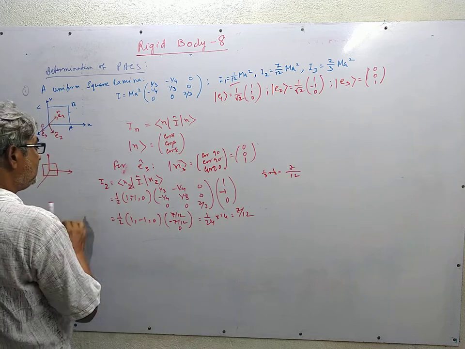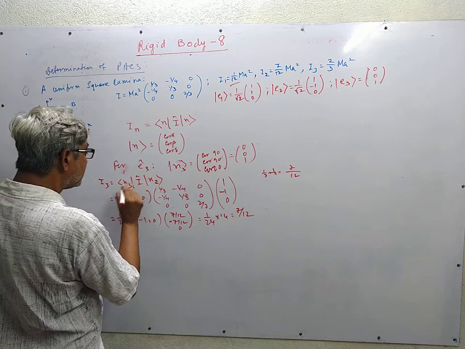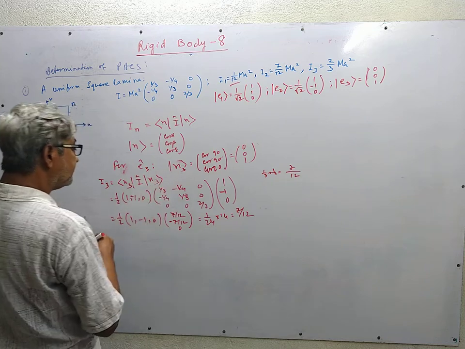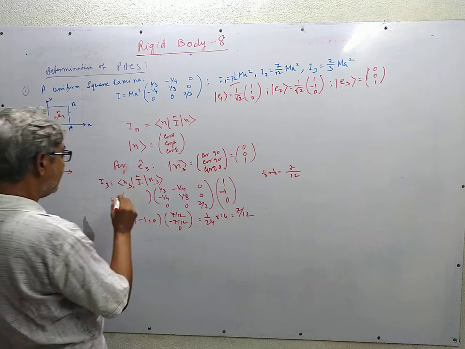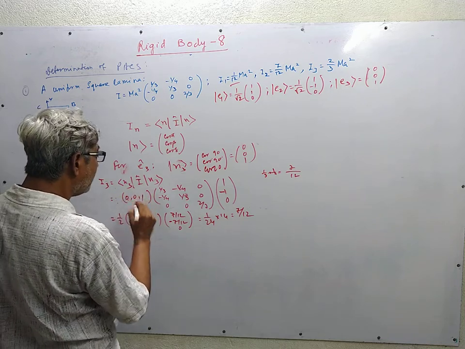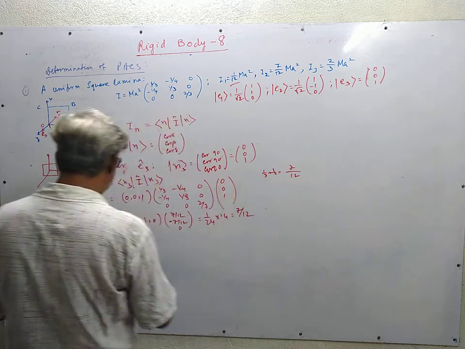So I3 is N3 I N3, no half is there, 0, 0, 1, and again 0, 0, 1.